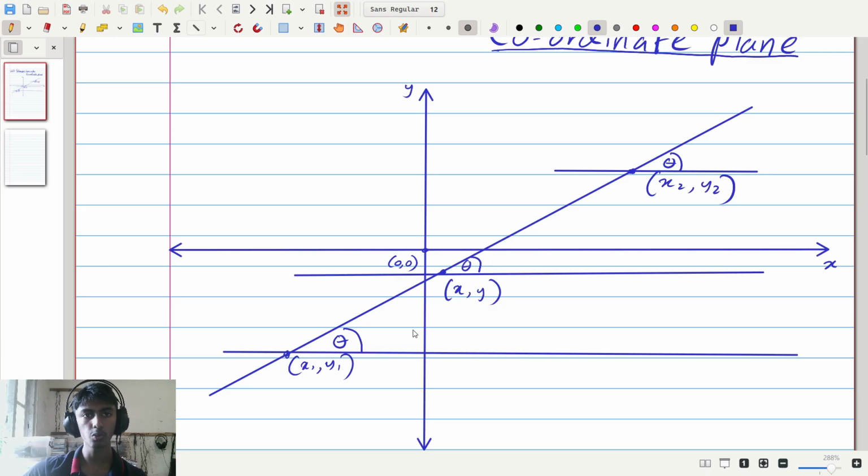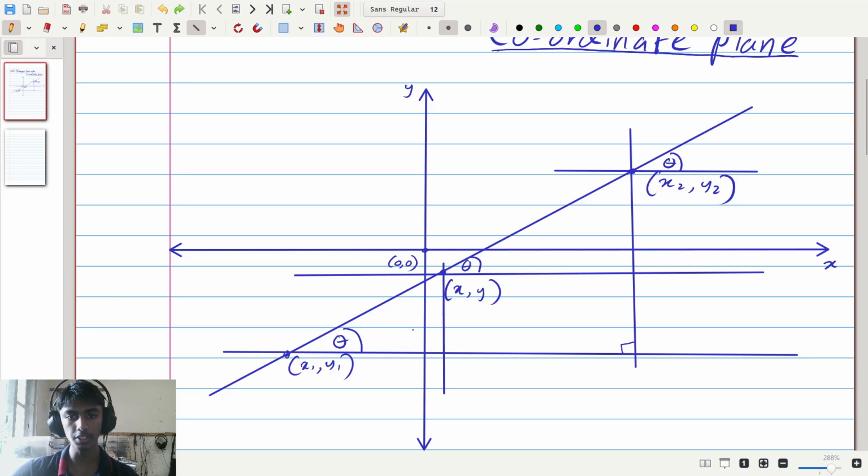Given this, we can draw the following triangle. We can draw a vertical down from this further point on the right side here, down like this. If we draw a vertical like that and it intersects the horizontal at this point here, we know that this angle is 90 degrees. Similarly, we can draw another vertical downward from this point here, the point of interest, and we also know that this angle here is also 90 degrees.